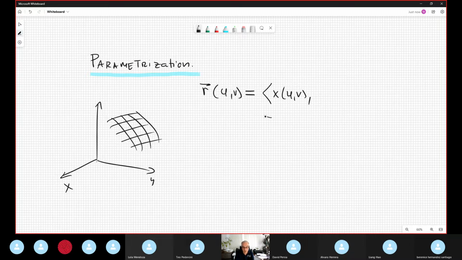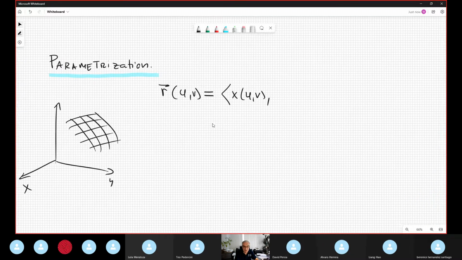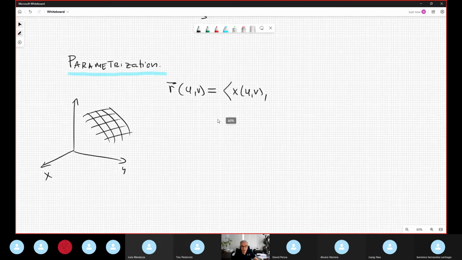Instead of, for example, f of x or g of x, I put x because I want to emphasize that this is the x component. And y as a function of u comma v, and z as a function of u comma v.